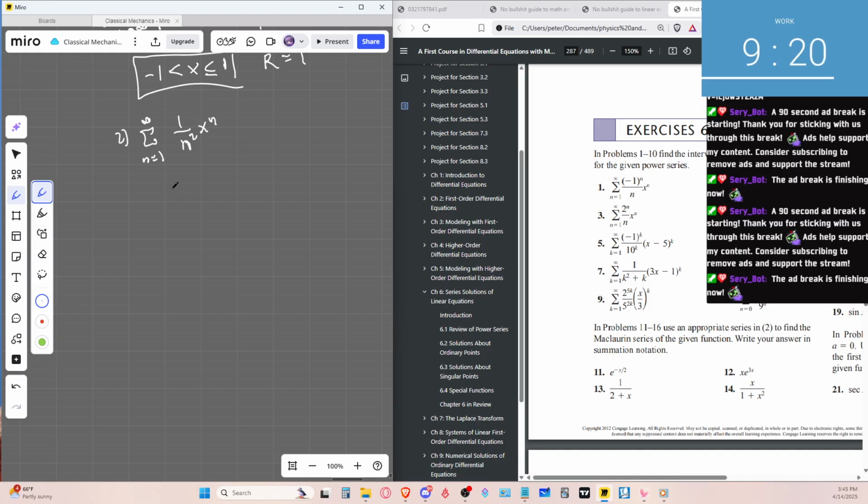I gotta think about which series test would be good for this one. Because for the p-test, it would pass and it would converge because p in this case is 2 over n. The one thing that I'm wondering about, maybe I should rewrite this to make it easier to see.